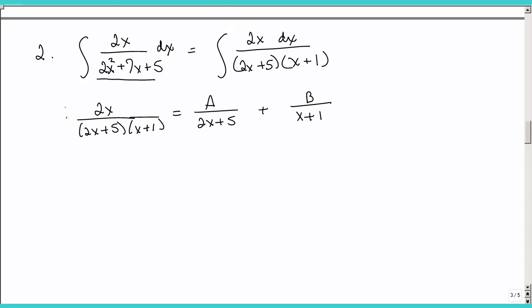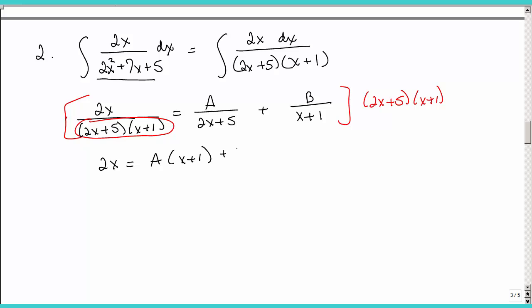I'm going to multiply both sides by the original denominator. So that's going to just give me non-fractions. Okay, so what are my convenient values?